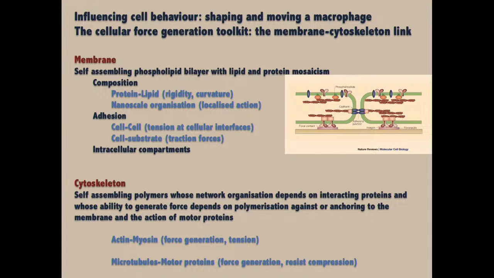And we typically think of two different classes of cytoskeletal polymers: actin, that typically works with myosin to generate largely tensile stresses, and microtubules that work with other motor proteins, dynein and kinesin, and help resist compression.